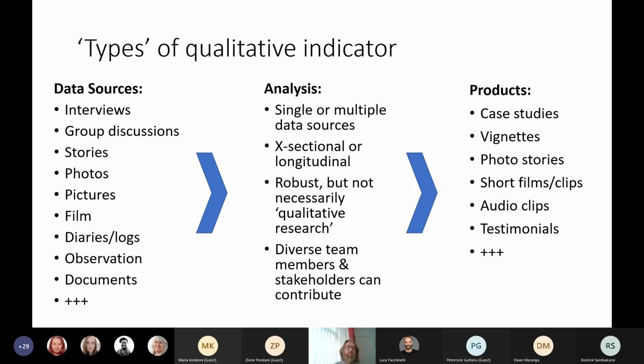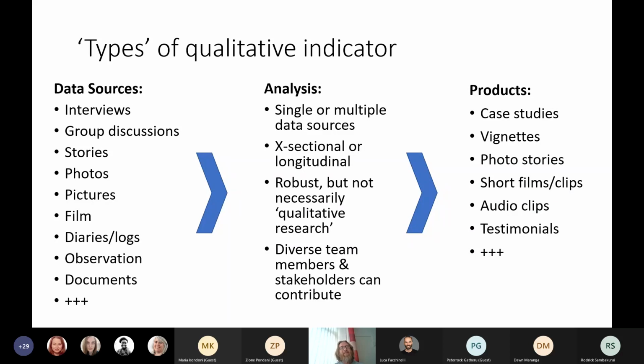So certainly research support staff, communications officers and the like can really get out there, take photos, write up good stories based on testimonials that speak to that photo, and this itself becomes quite a nice product, or a measure of what you're about. That would be an example of a case study, vignettes, photo stories, short films, audio clips, testimonials.